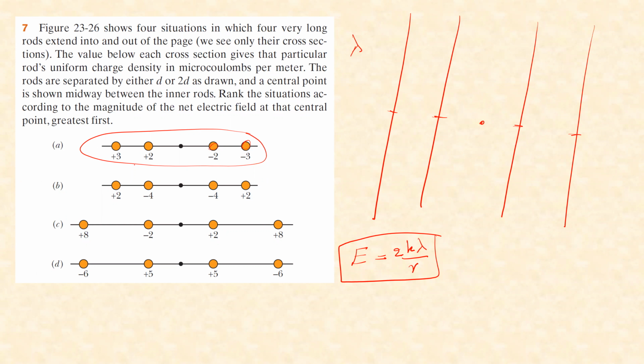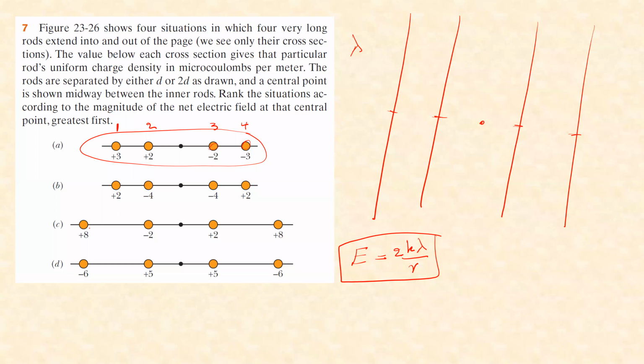In situation A, we have positive on the left side and negative on the right side. Let's call these rods 1, 2, 3, and 4. Which direction is the electric field of each one, and how much is it?